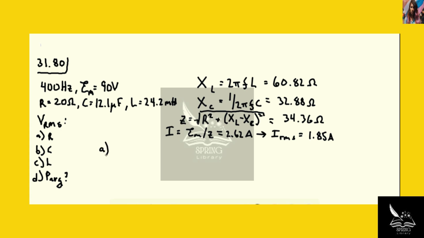So the potential difference RMS across the resistor is going to be the RMS current times the resistance. That will be 37 volts.